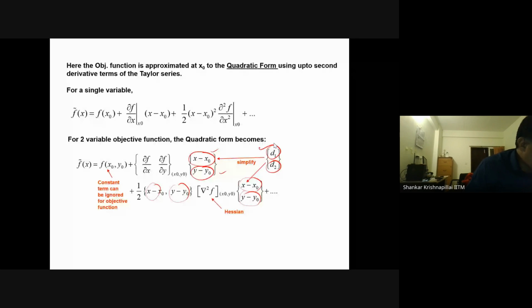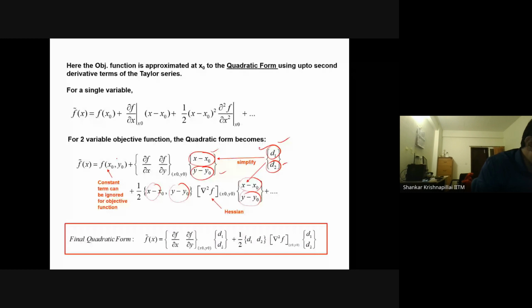Another important thing is that in the objective function, you can ignore the constant term. The constant term will not affect the minimum. It's the same for sequential linear programming also. So you can neglect the constant term in the objective function for minimization, because it makes the hand calculation easier if you remove the constant term.